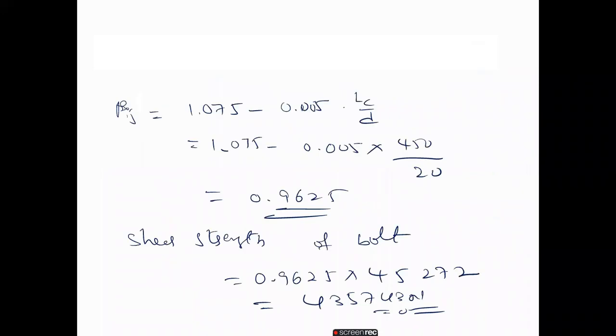Now we have to calculate the rupture strength. These formulas are available on page number 75, and we discussed them already. For the strength of the rupture, we first calculate Anc, Ag0 and the beta value.